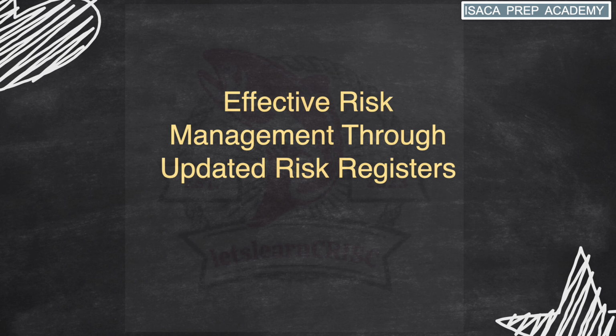And by keeping the risk register accurate and current, we ensure it serves as a vital resource for ongoing risk management activities, aiding in the identification, assessment, and mitigation of risks. So friends, let's explore the steps and benefits of updating the risk register, ensuring that the risks are effectively managed and controlled across the organization.